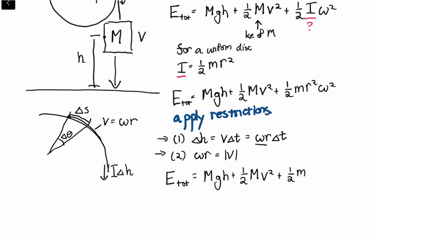We can substitute either the velocity for the angular velocity or vice versa. So I'm going to choose to write this as m v over r squared, and I need to put my moment of inertia in there.